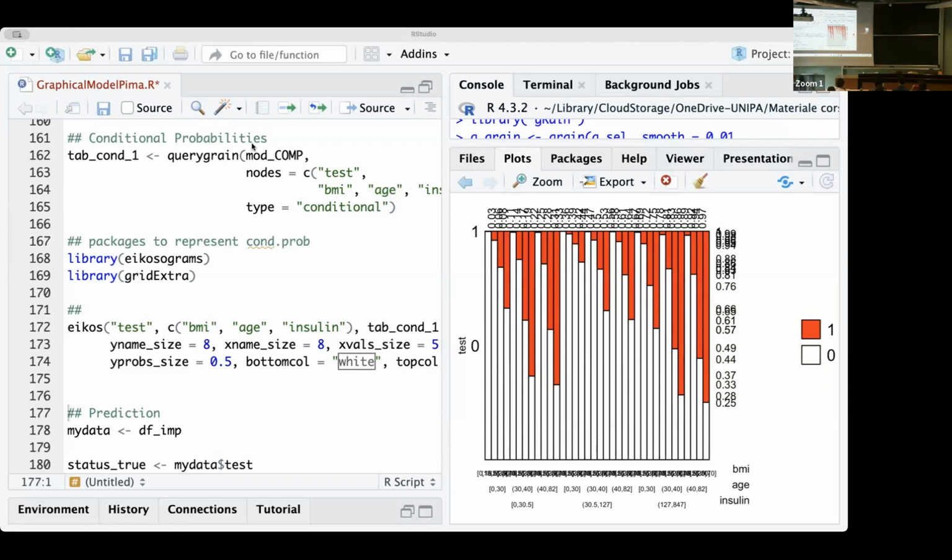If you fix insulin to this one, if you look just the first bit, it increases with BMI, and age, of course. It increases because if you have a higher BMI, you are more probably diabetic, right?